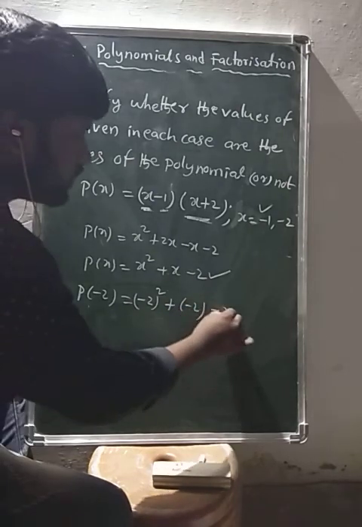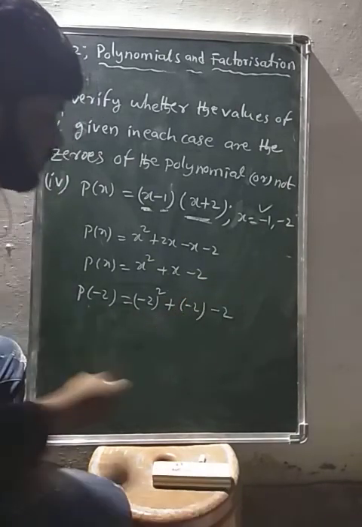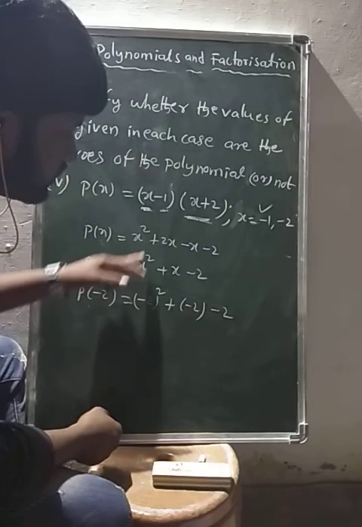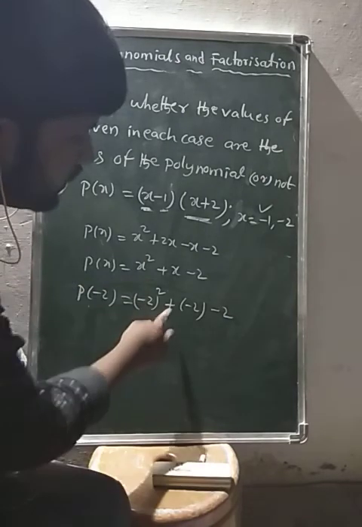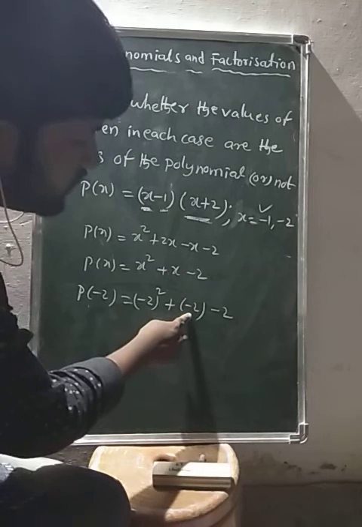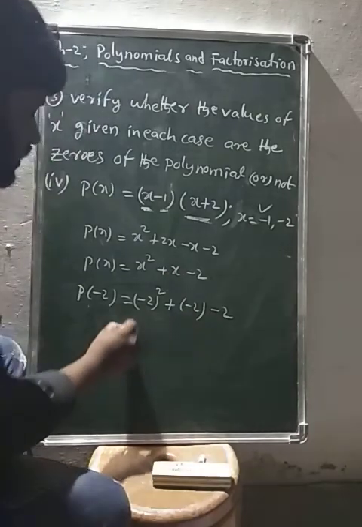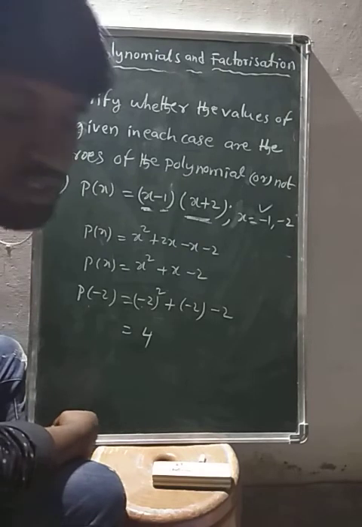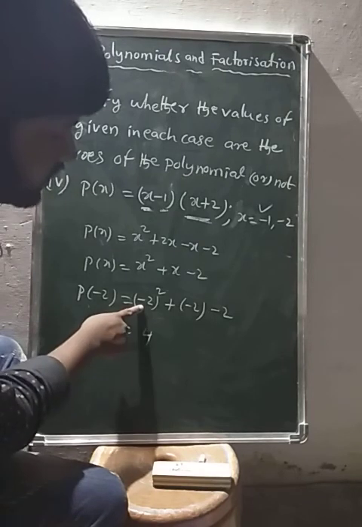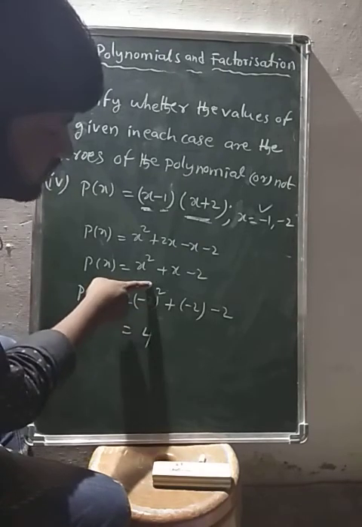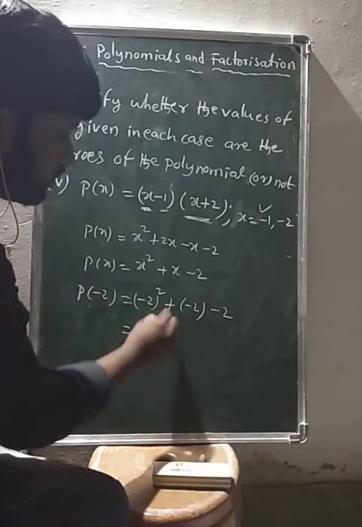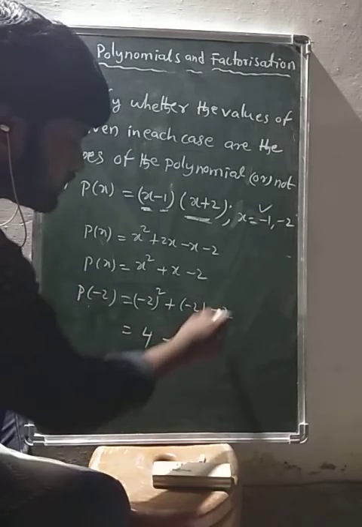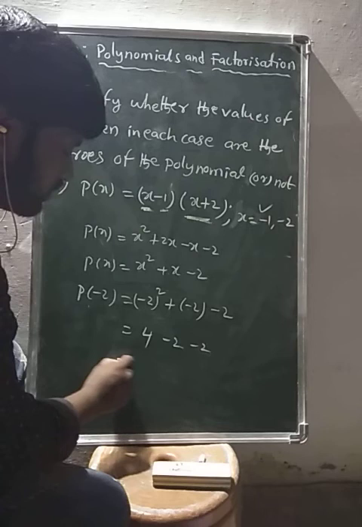Minus 2 whole square means we get 4, because minus 2 is a negative number but the power is even. Plus minus 2, that is minus 2.